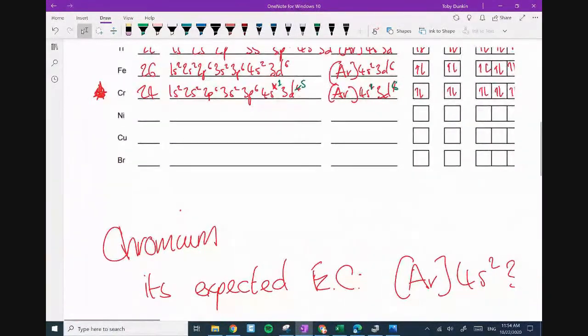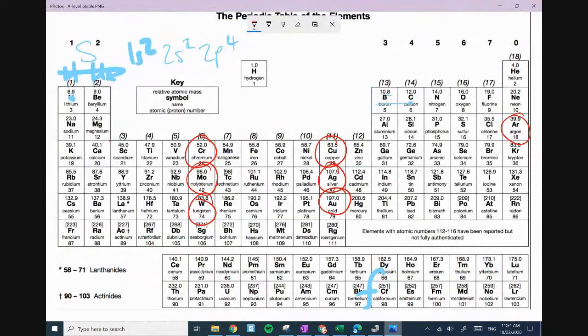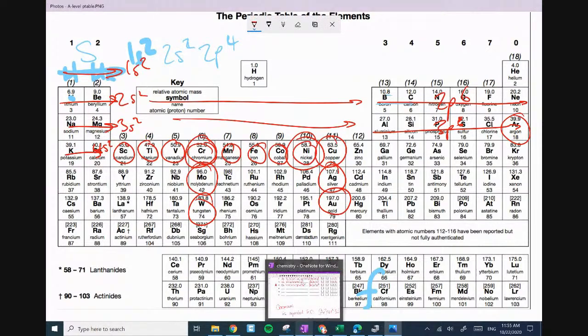Right, next thing, let's go to nickel. Nickel is not one of my oddities. Nickel is normal. Let's find nickel. Right, 1s2, 2s2, skip over, 2p6, back to the beginning, 3s2, skip over, 3p6, skip through, back to the beginning, 4s2, and then 1, 2, 3, 4, 5, 6, 7, 8, 3d8.